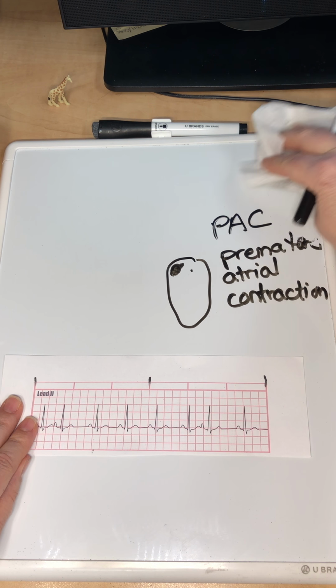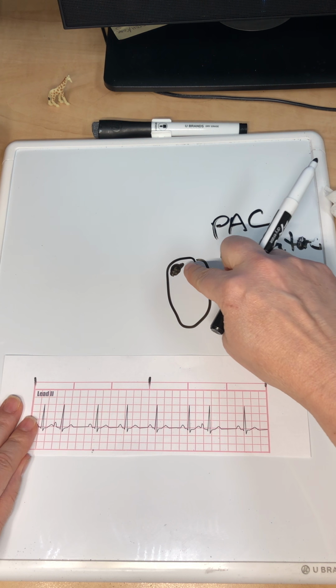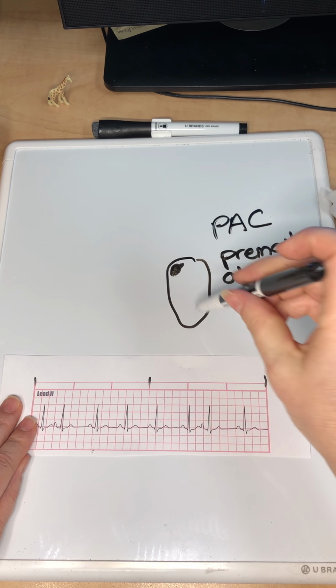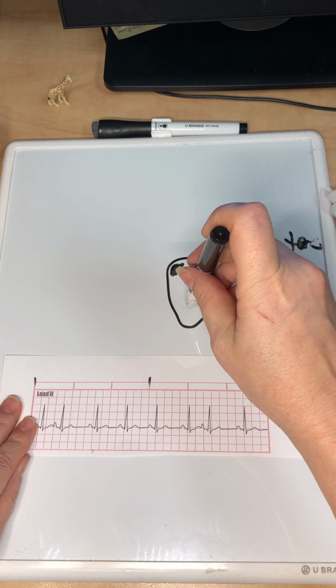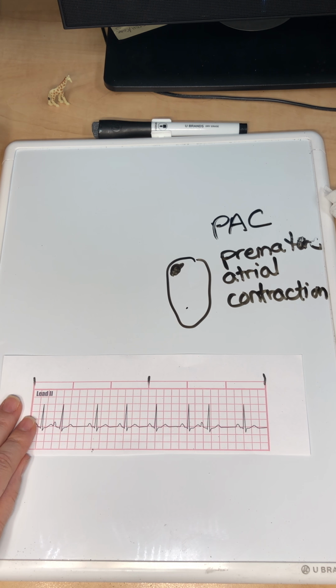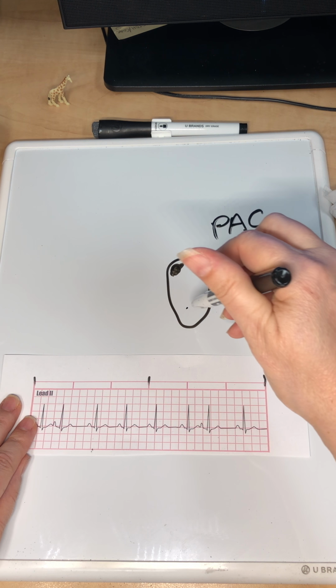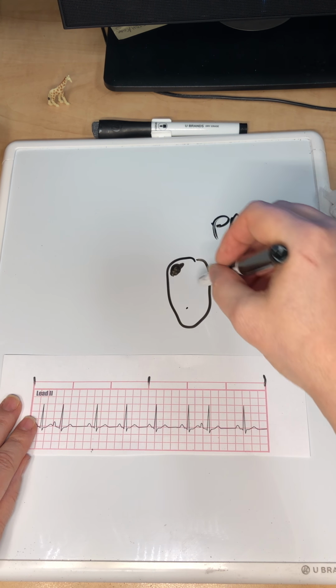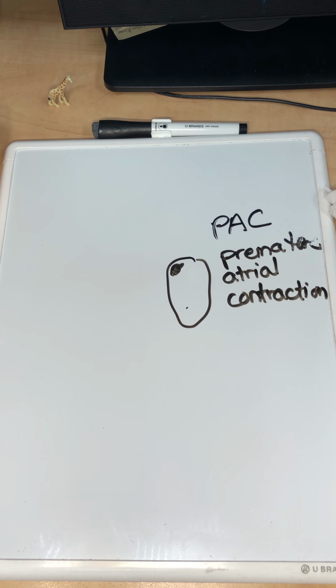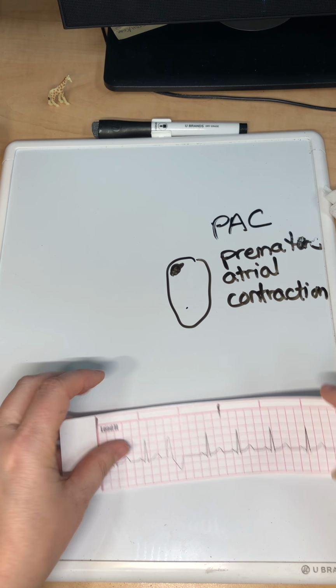Okay, what if a rogue conduction cell down here decided to kick in before this right here? Well, it's not going to have a P wave at all because it's down here, and so this isn't really contracting. I'm going to show you what that looks like.